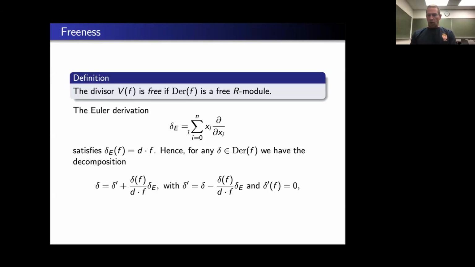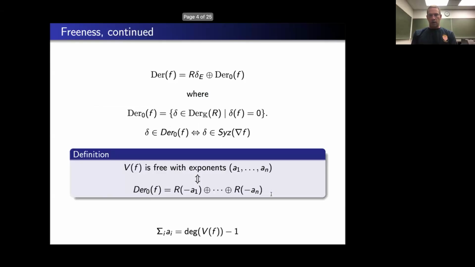Again, that's only because the Euler operator returns a multiple of F. If we rip that Euler operator off of some arbitrary derivation, we get a derivation which vanishes on F. This is going to be important because it gives us an easier way to think about this module Der of F. So the Euler operator generates a free summand of the module, and then Der 0 of F are these derivations which eat F and spit out 0.